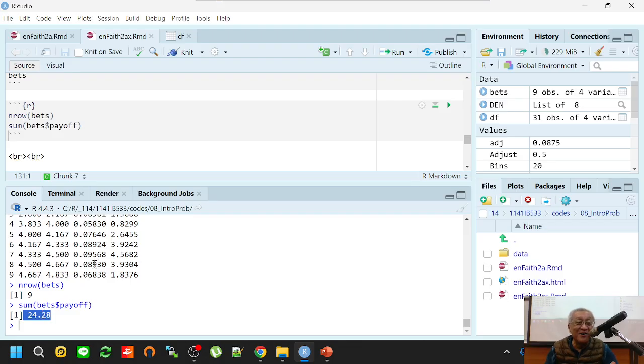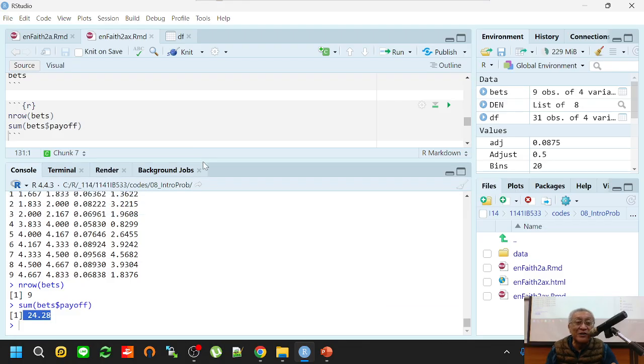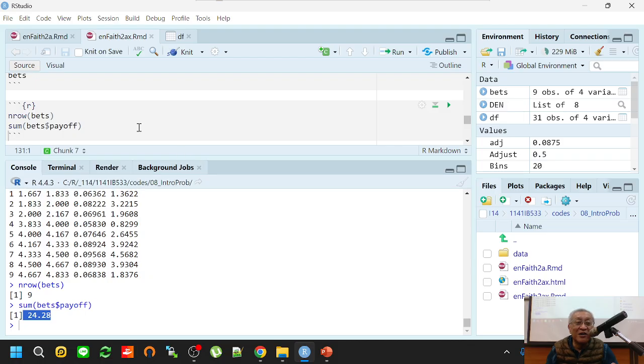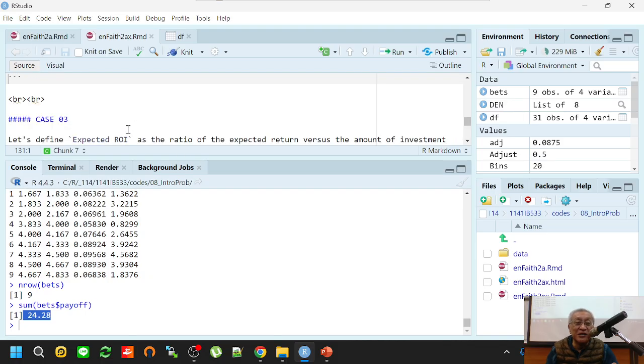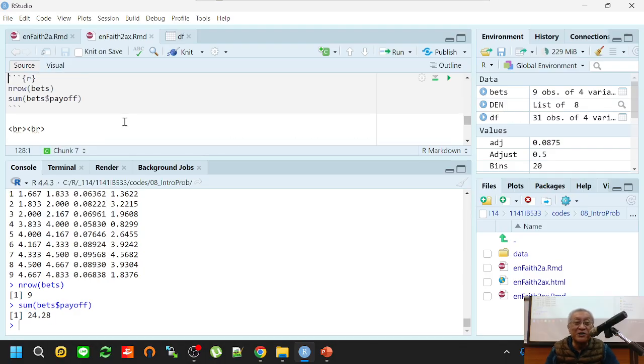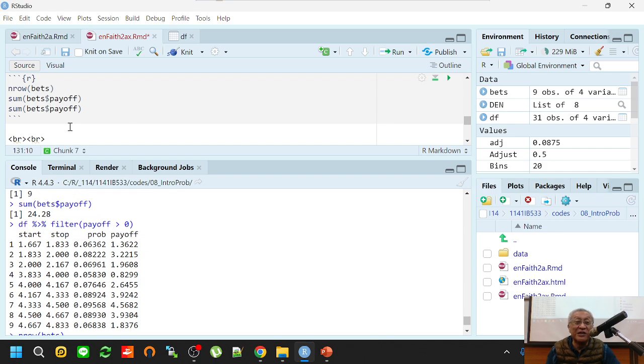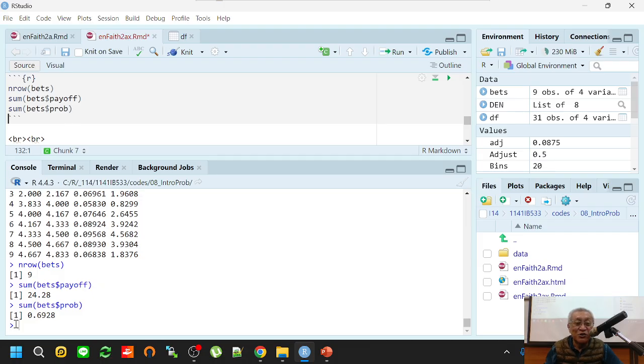But if you think about the probability that you might win, how do we calculate the probability of you winning? It's basically just summing the probabilities, isn't it? So you actually have a very high probability to win.